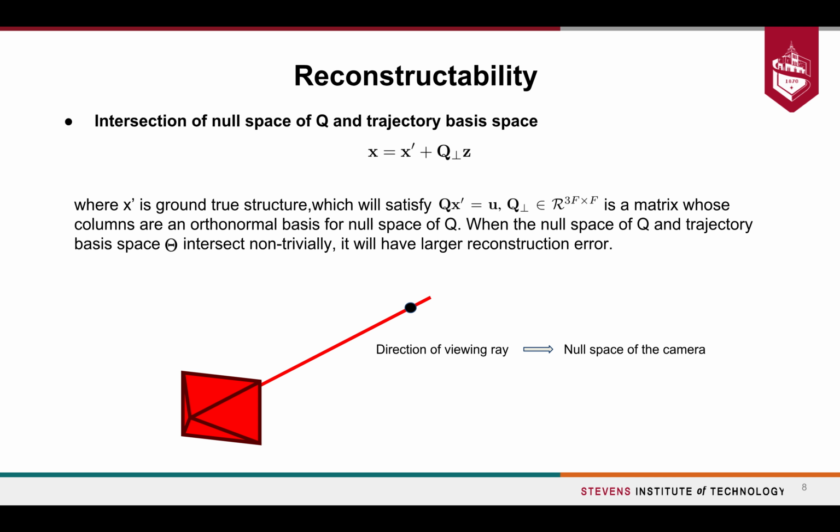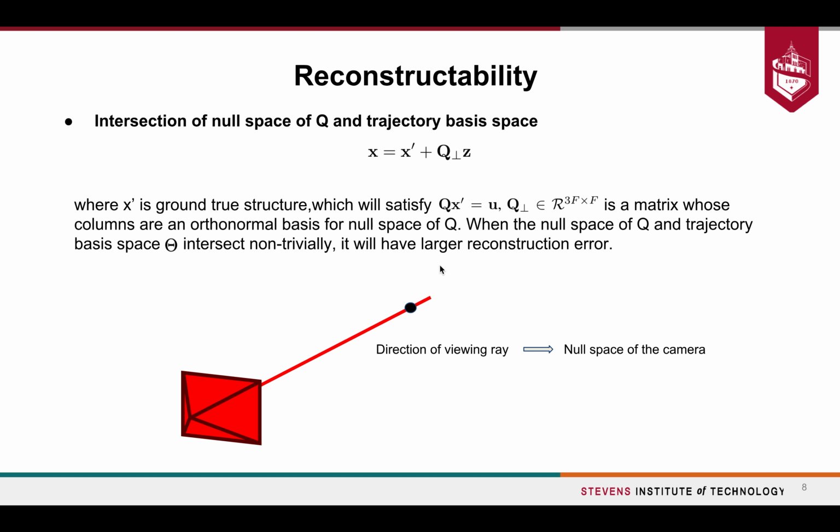And this is the null space of Q, so adding some component in this space, this x will still satisfy the linear equation, since the product with Q will still be 0.